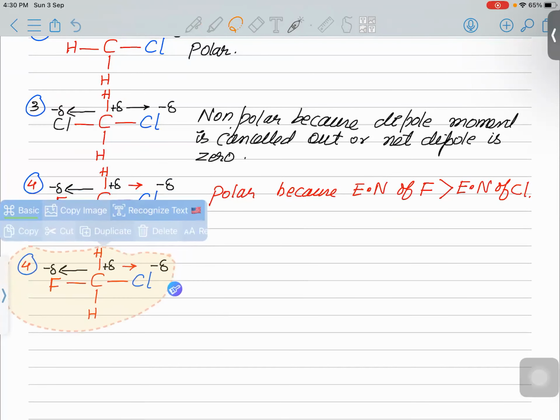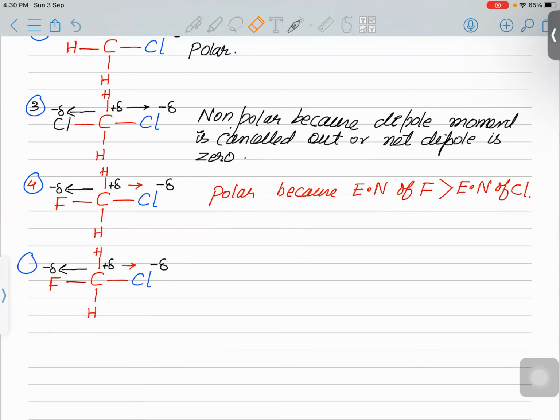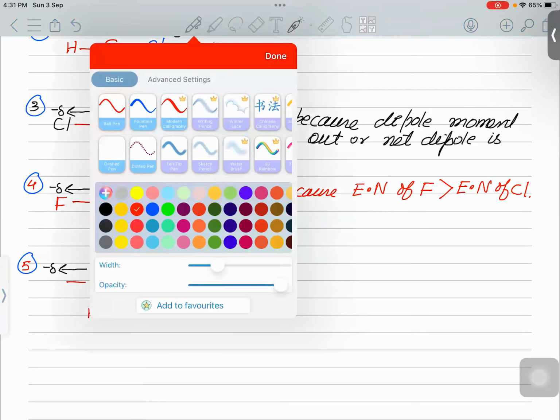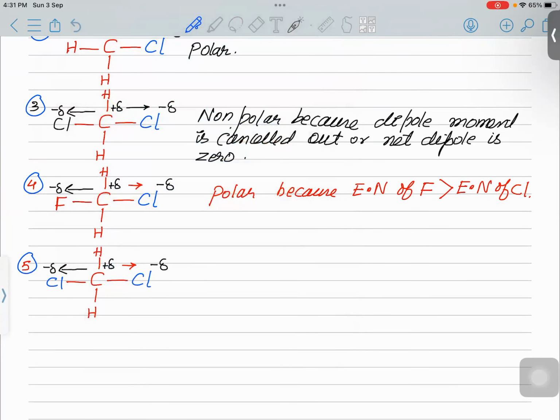Now question number 5. Yes. Polar, non-polar? Polar. Why polar?